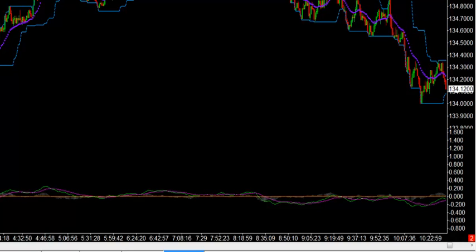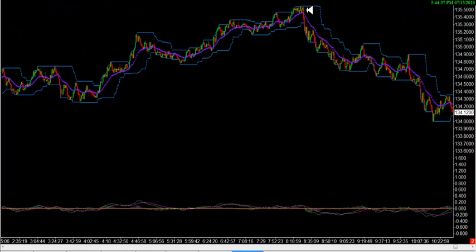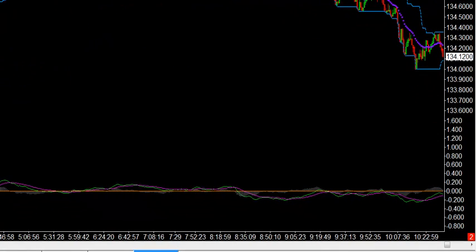Let's look at the trend. For example, from this point here, where the cursor is, if I go slowly so you can see it, all the way to the bottom here, you clearly see the trend is down.